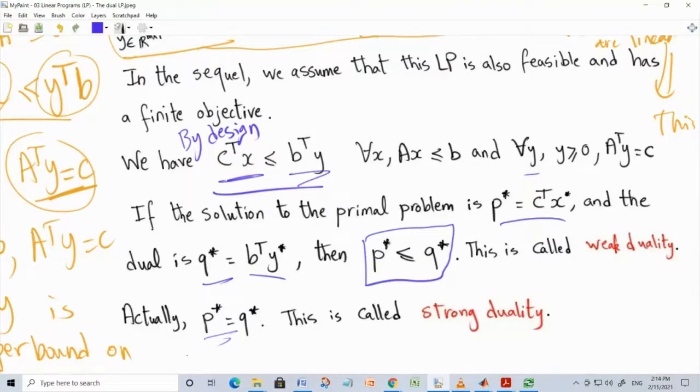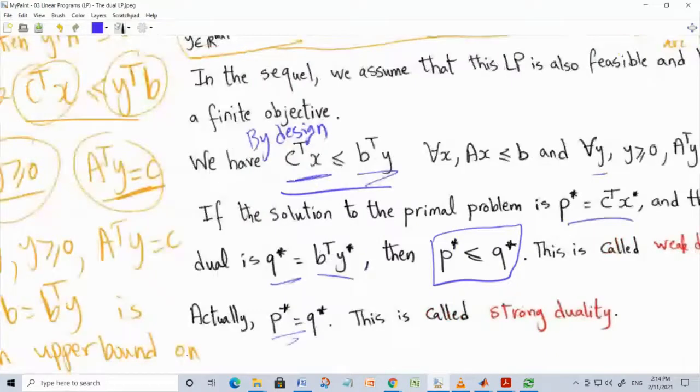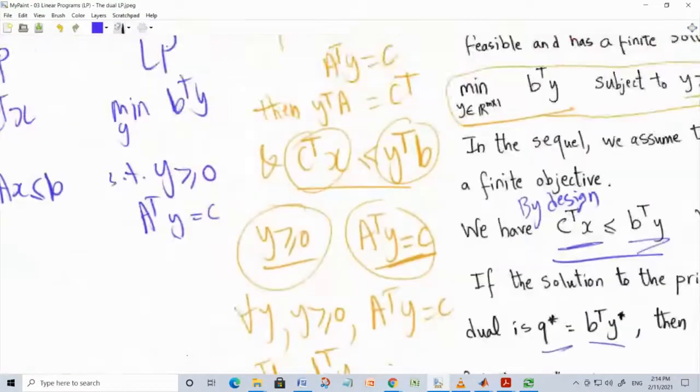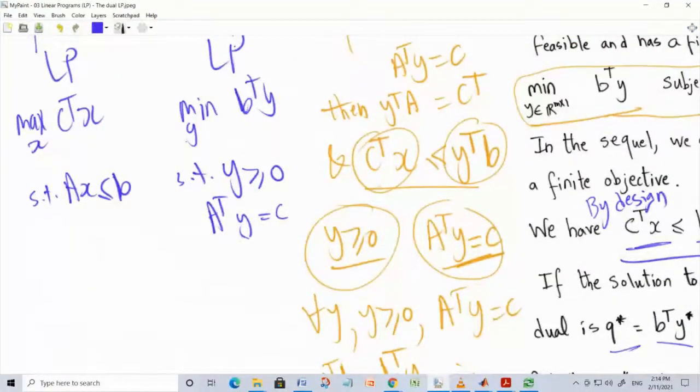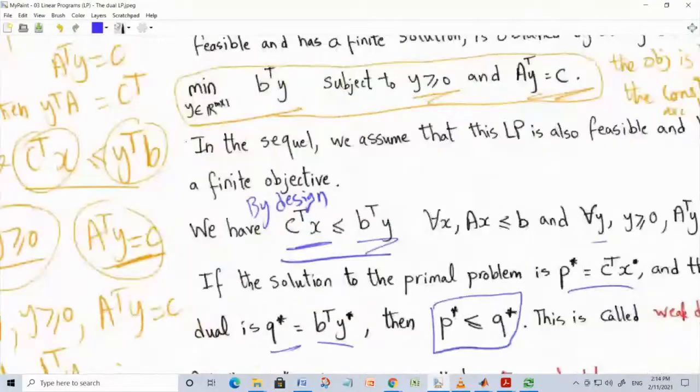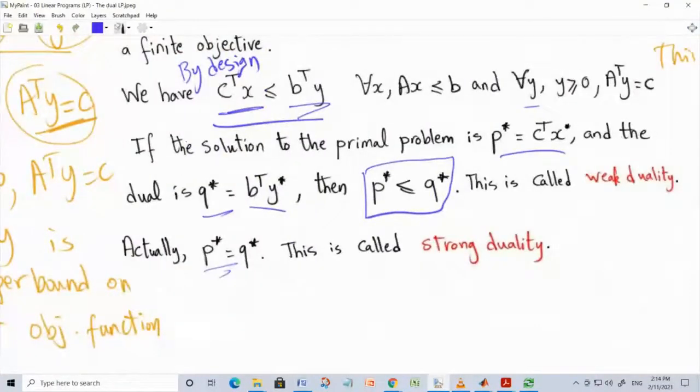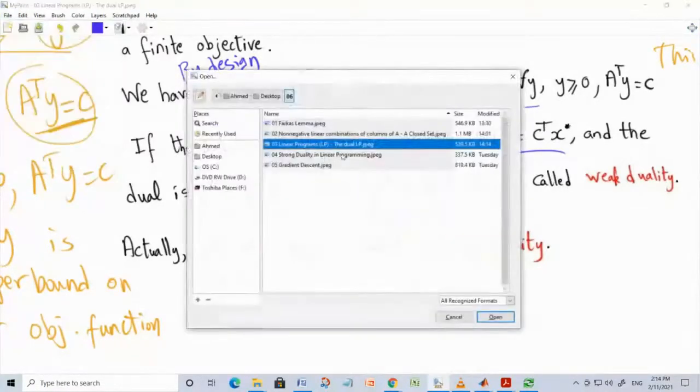There is a class of algorithms called dual methods, which solve these programs simultaneously in a very efficient way. My focus here is to show that this is true, because it's not clear. The weak duality is easy, by design, but why is strong duality the case? So let's use the Farkas Lemma to show this.